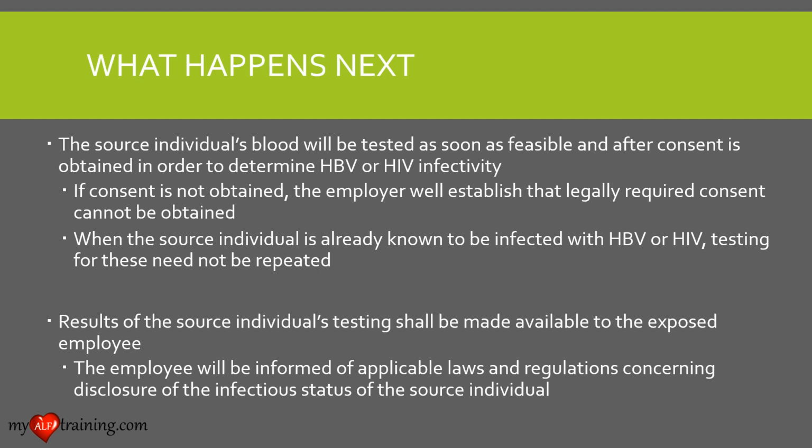If that consent is not obtained, the employer will establish that legally required consent cannot be obtained. In the situation in which the source individual is already known to be infected with HBV or HIV, then testing for these is not required.